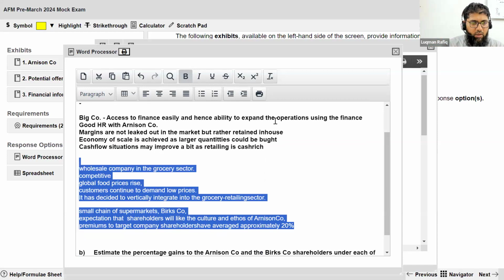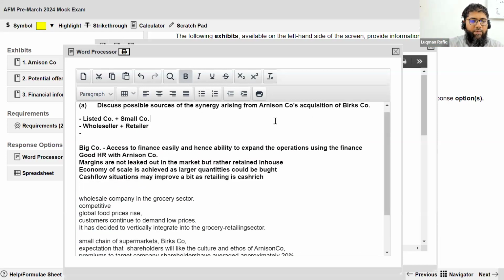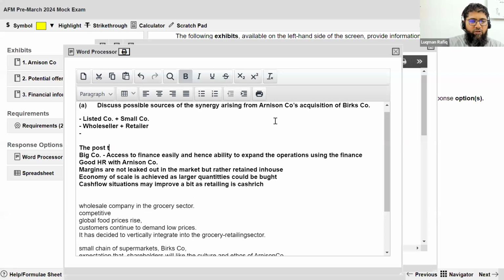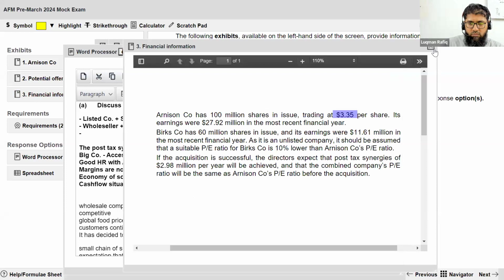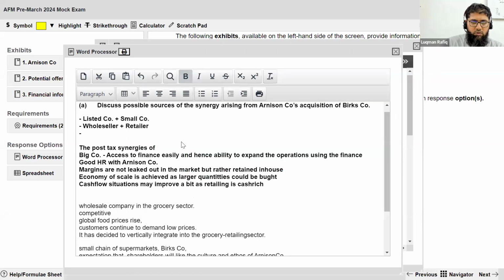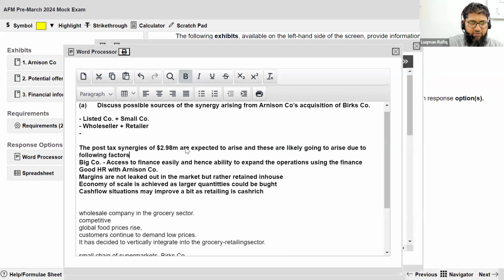Basically, you would be discussing all these pointers, which is the post-tax synergies of $2.98 million that are expected to arise, and these are likely going to arise due to the following factors.